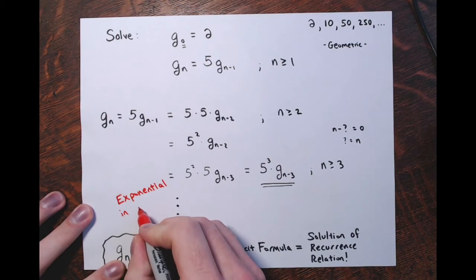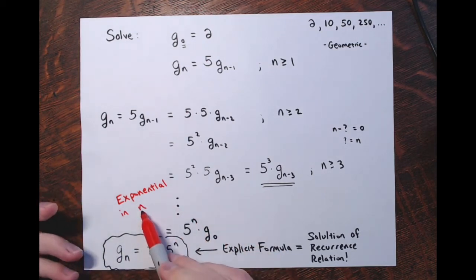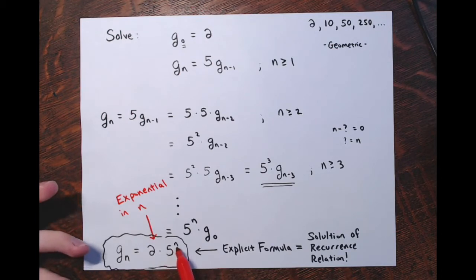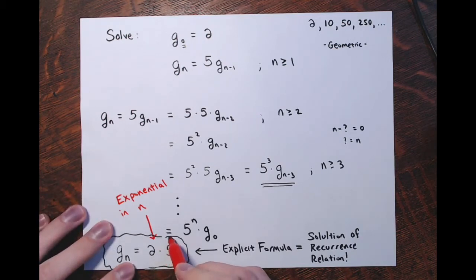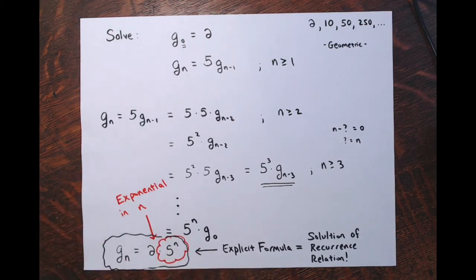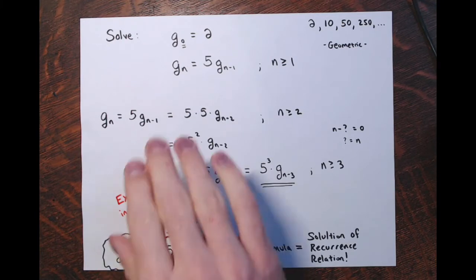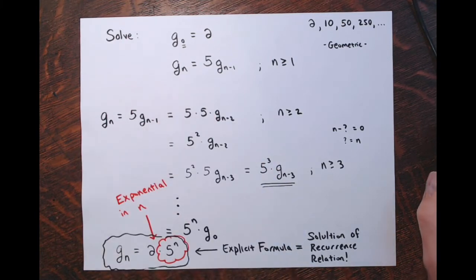It's exponential in n, meaning the variable n, my input variable, is in the exponent. This is 5 to the nth here, and then times some constant, but the more important thing is this exponential part of the rule. We're going to keep that in mind and use that to motivate a technique for solving recurrence relations like this later in the section.